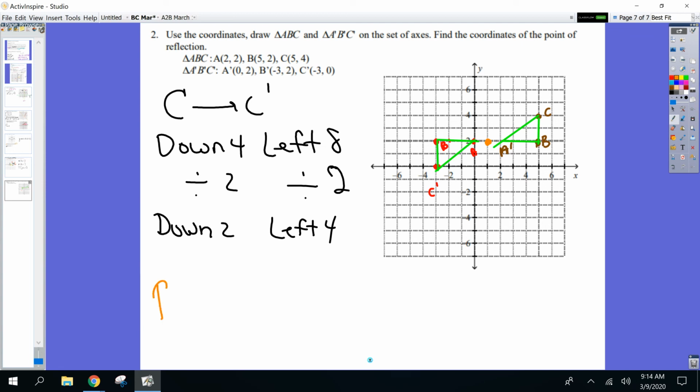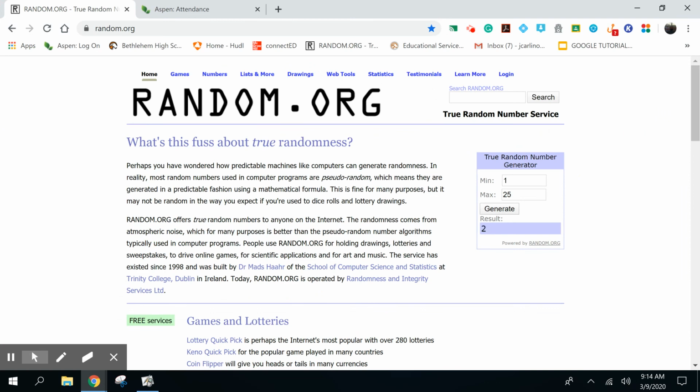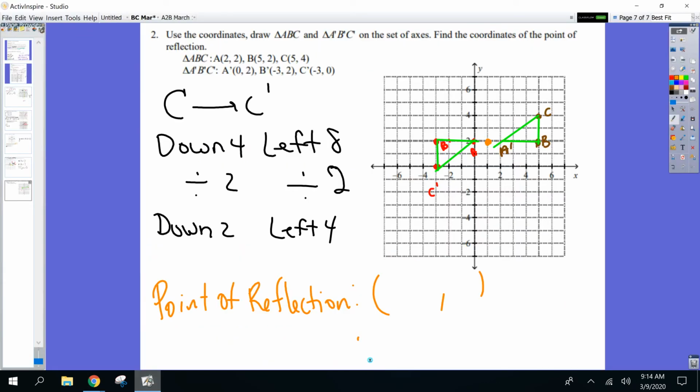What is that point of reflection? And I still got one more honors level question for you, so don't pack up once I find it. Point of reflection? What is that point? 1, 2. Before we end the day, you ready?